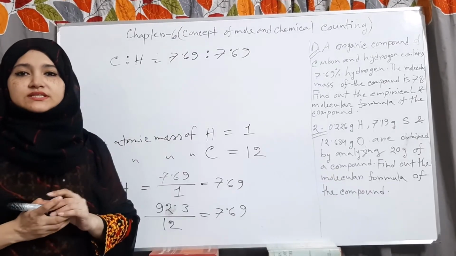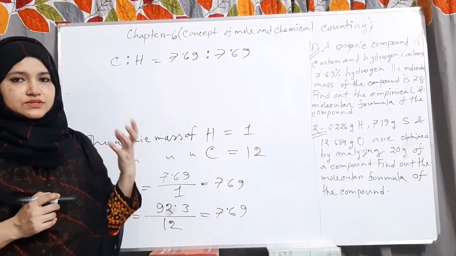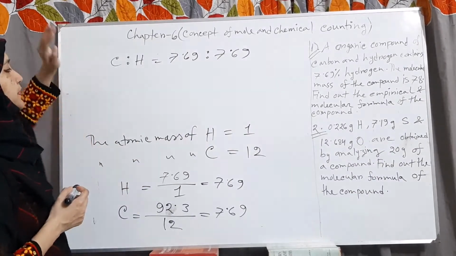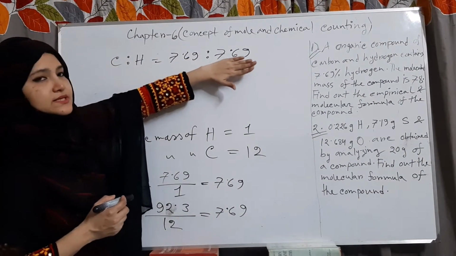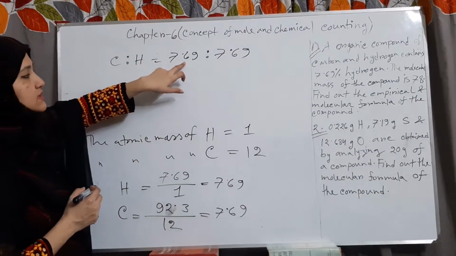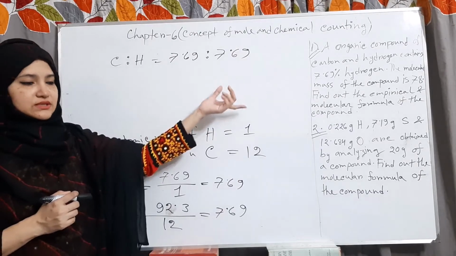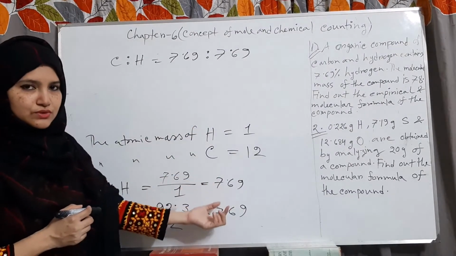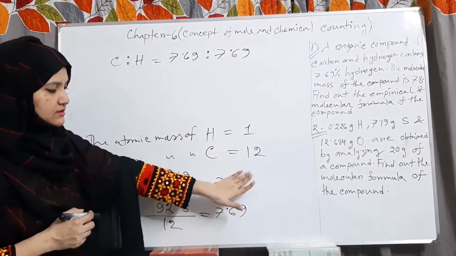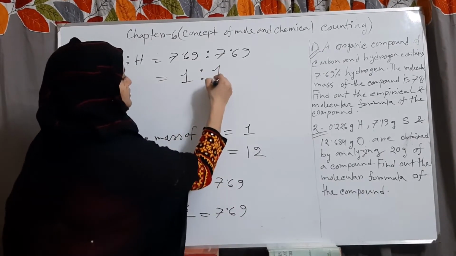Now we have to calculate the simplest or more reduced ratio, because our target is to find the empirical formula. For that we divide these numbers by the smallest number. Between these two, which one is smallest? In this problem these two numbers are equal, so the ratio will be quite simple, 1:1.